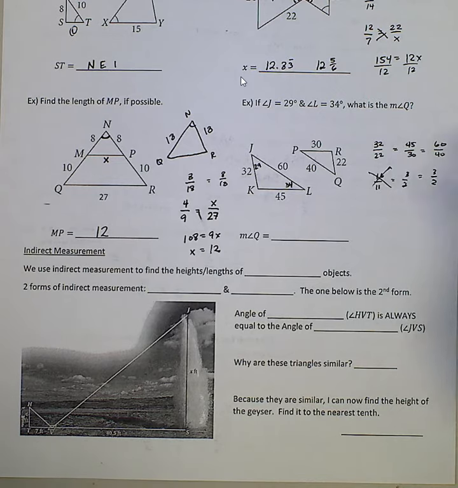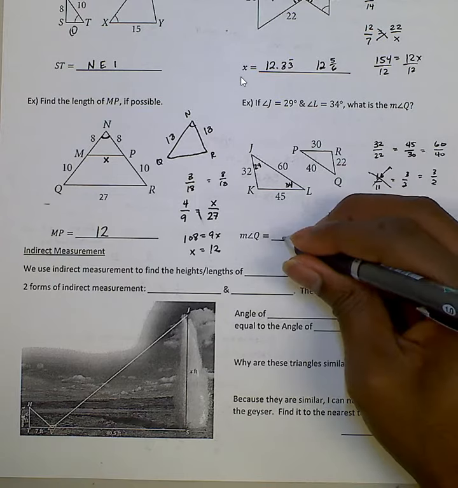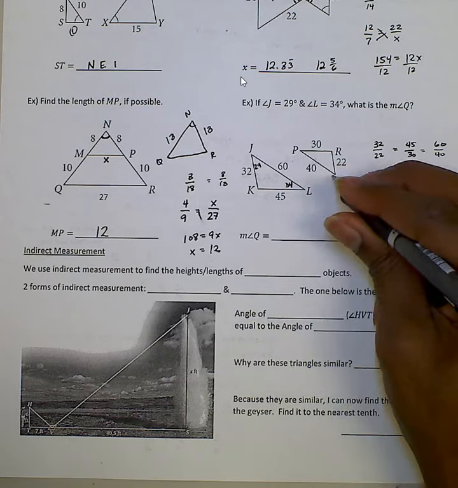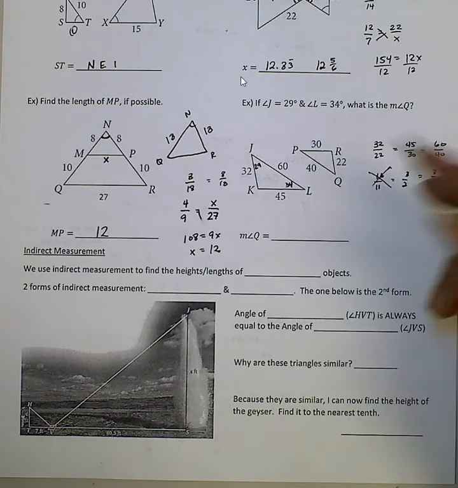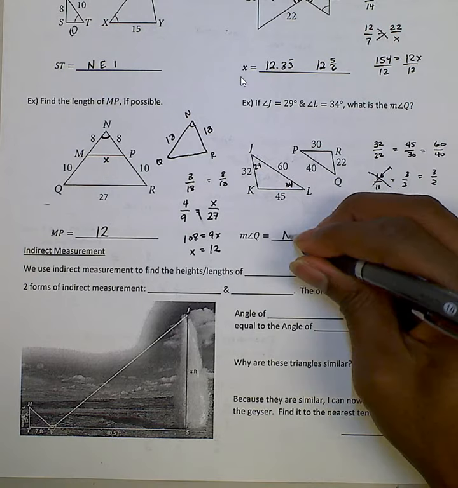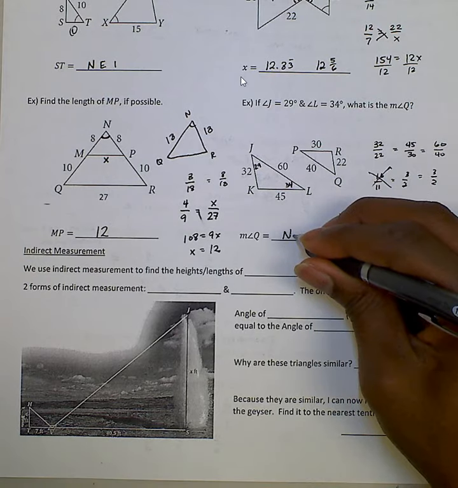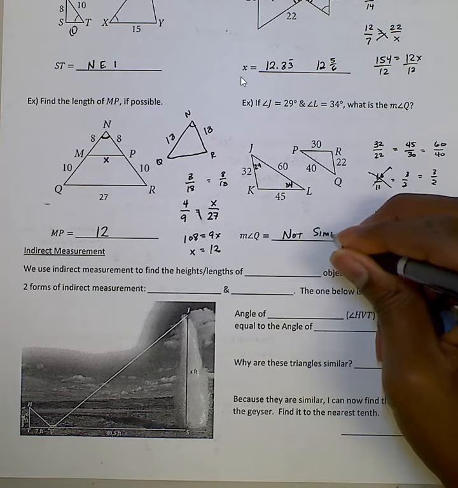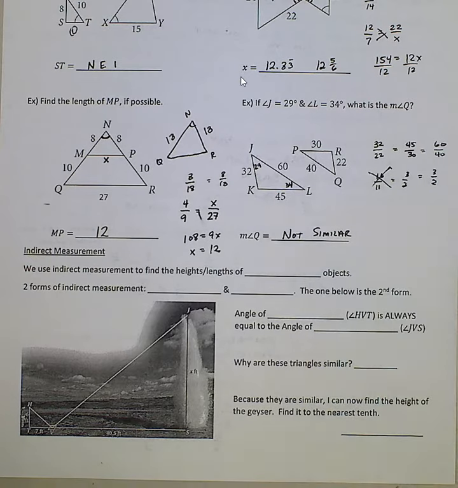And so we can't find angle Q. If we don't have similar triangles, we can't just say it's going to be the same as an angle. So not enough information, or not similar. This is actually not similar. We prove that they're not similar by doing side, side, side, because the sides are not proportional.